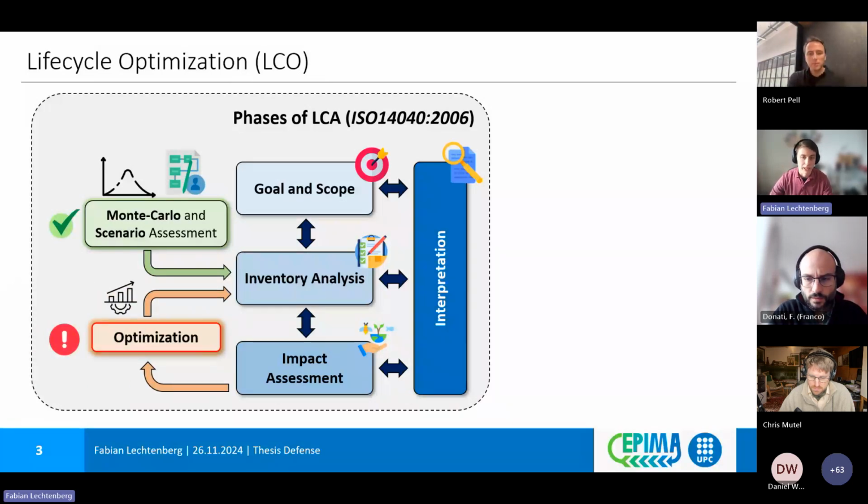Lifecycle optimization, building on top of inventory data, has the potential to pinpoint production systems that achieve the best possible outcome, meaning minimum impacts, while also considering tangible constraints, such as resources, capacity, or impact constraints, which is something that traditional LCA matrix-based operations cannot easily do.